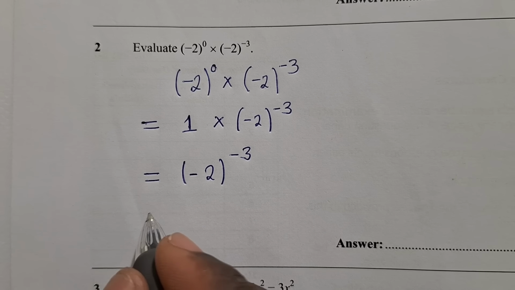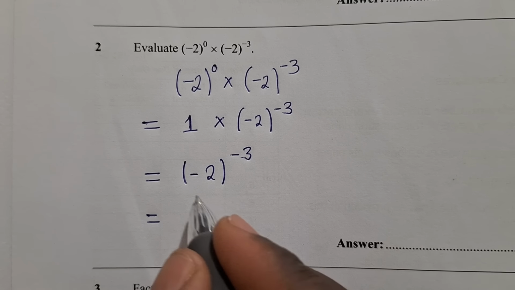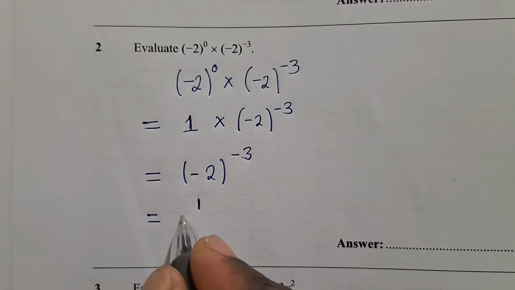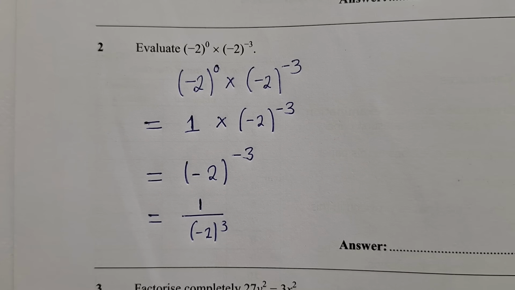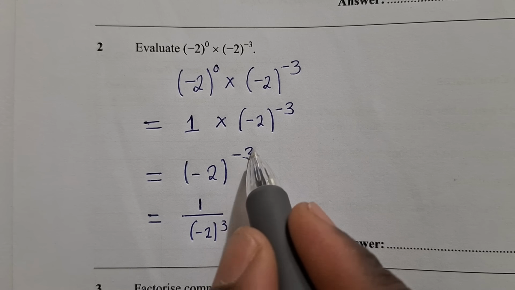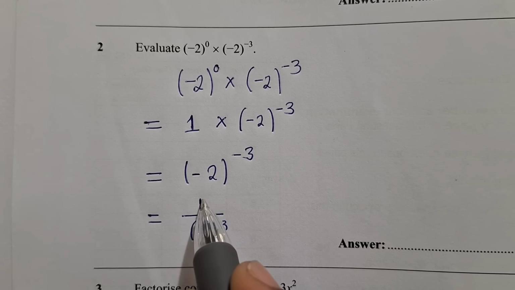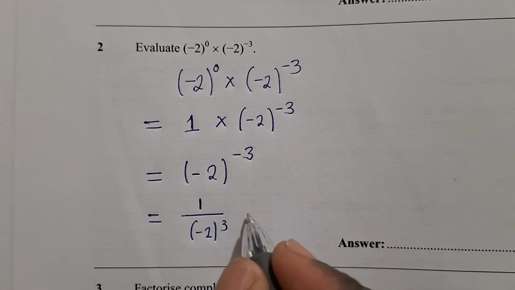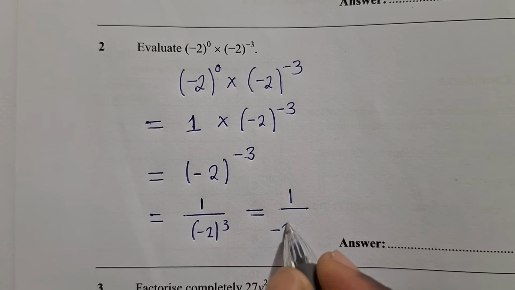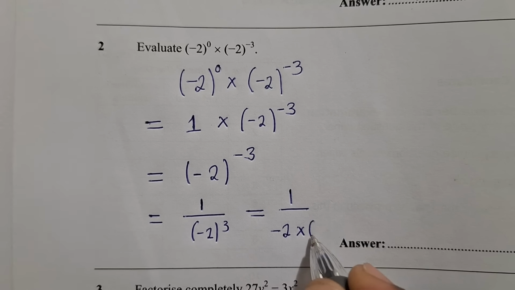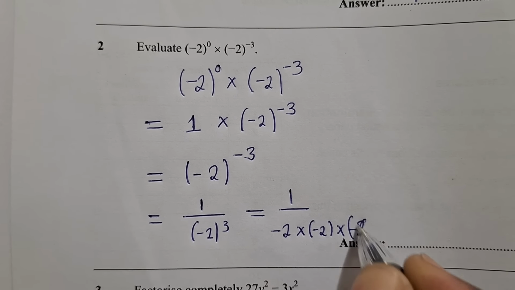And once we do that, applying the laws of indices, it will be 1 over negative 2 power 3. The laws of indices, when you've got a negative power, all this will come down here as a denominator, and on top we shall have a 1, which is equal to 1 over negative 2 times negative 2 times negative 2.